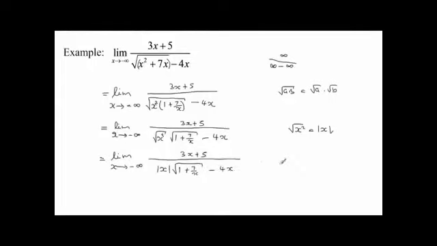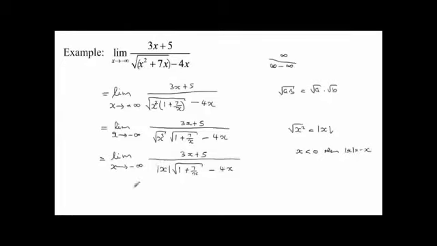Now, we notice that x tends to minus infinity, which actually means that x is less than 0. Then we'll note that absolute value of x will then be equal to minus x.